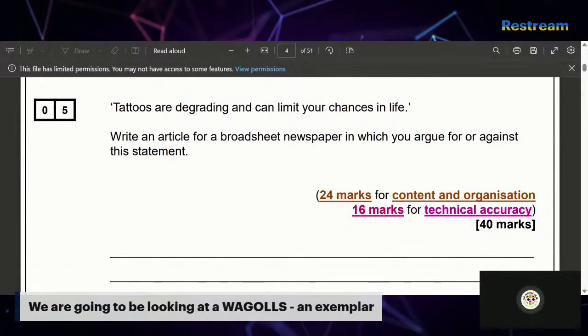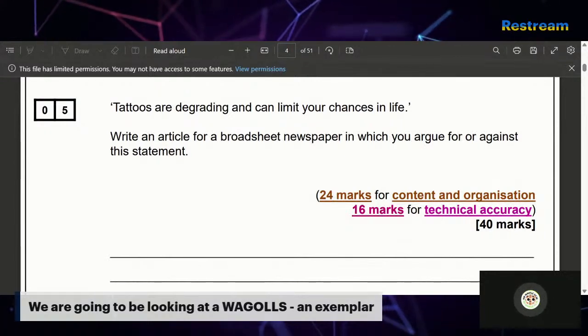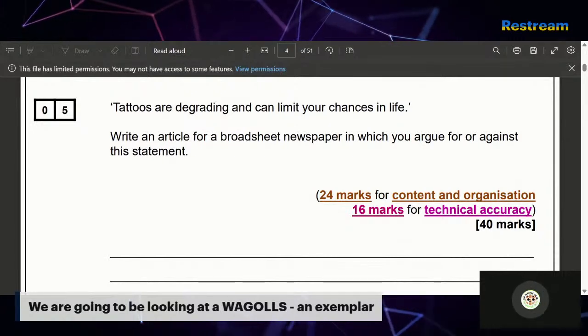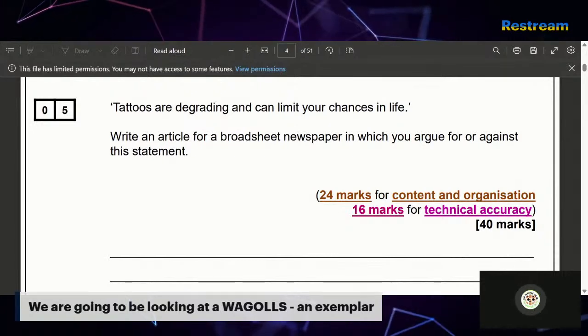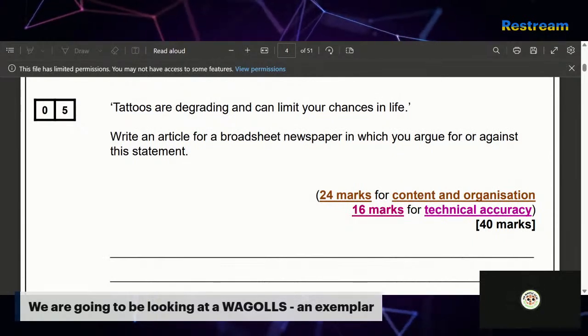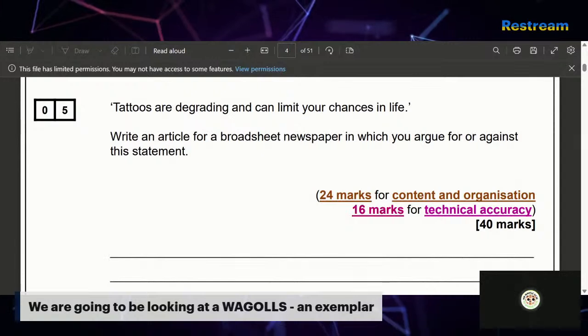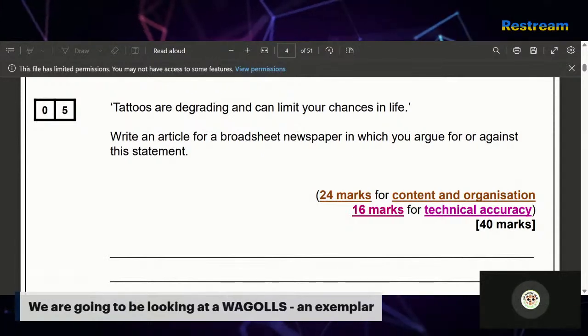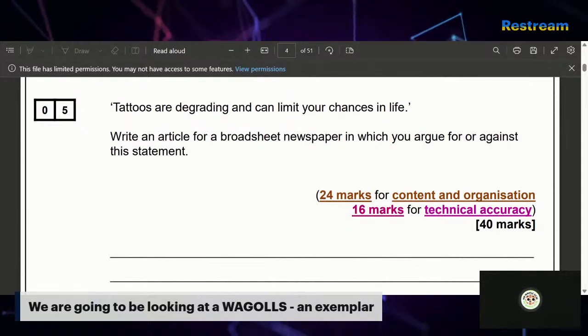So a broadsheet is a large newspaper, whereas a tabloid tends to be very much smaller. Now, in terms of their different purposes, tabloids are definitely image-led papers, and they're subdivided into groups.